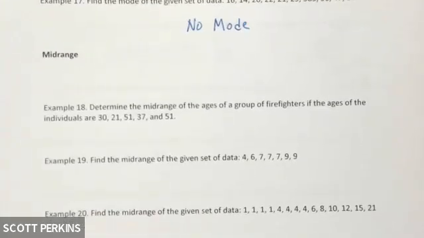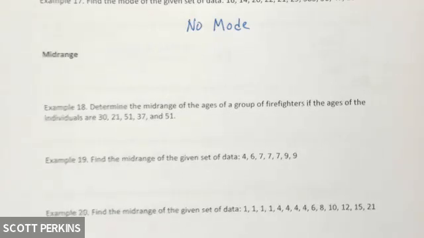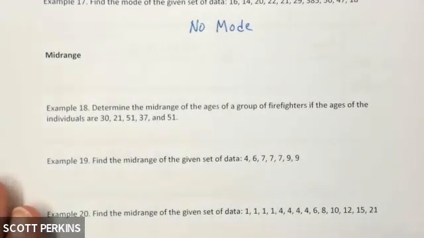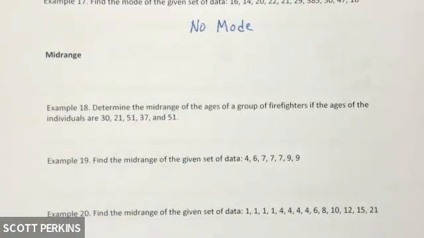All right, last one, and then we're done with our measures of center. The mid-range. The mid-range is kind of the lazy way to calculate the middle of your values when you don't have time or you just want an approximation. The mid-range only considers the high and the low values. It ignores everything else.